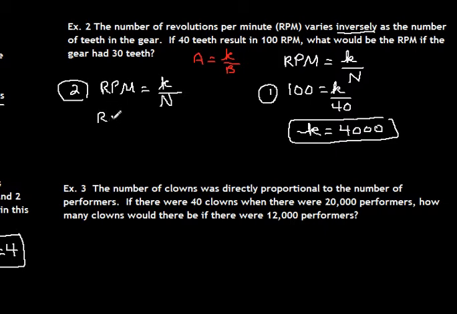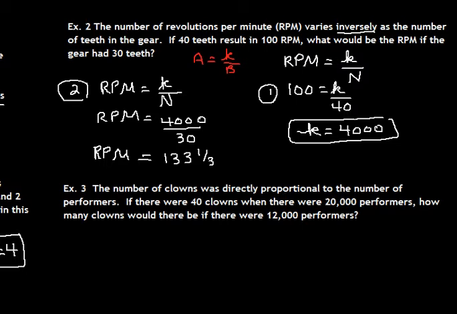So RPM equals our constant of proportionality, 4,000, divided by our number of teeth, which is 30. So RPM equals 4,000 divided by 30, which gives us 133 1/3 RPM.